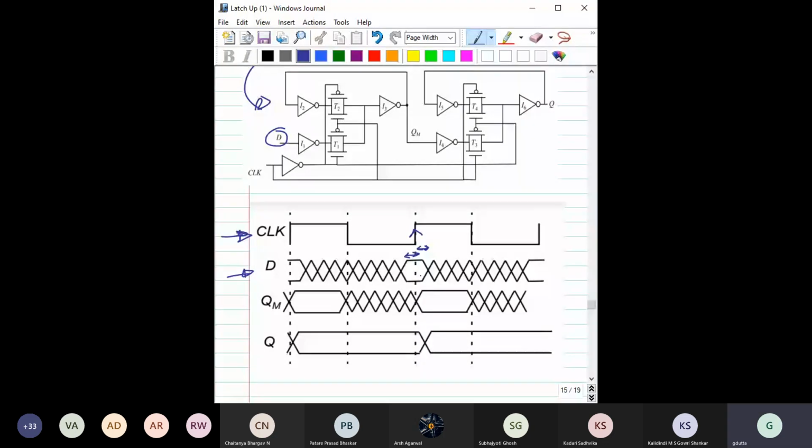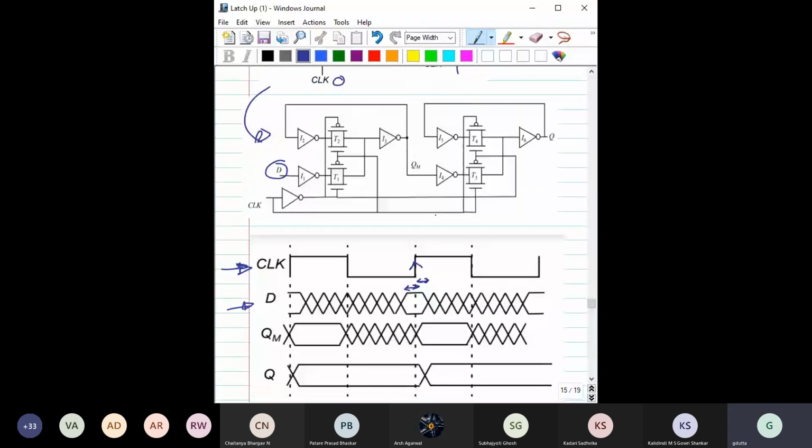Now, there is a particular timing. What do you think? Why do you think that this D should be stable for at least some time before this positive edge of this clock? From this circuit, can you guess? The question is why D should be stable.